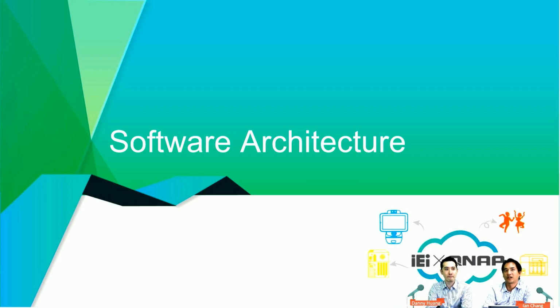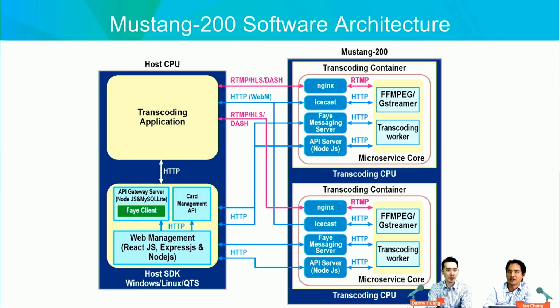Okay, this page is our software architecture. This one looks very complicated to me, like a block diagram but for software. What does this picture actually tell us? Can you tell us more about it? Sure. This is our software architecture, and our Mustang-200 transcoding software is built on open source technologies.